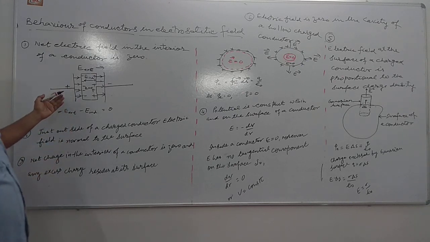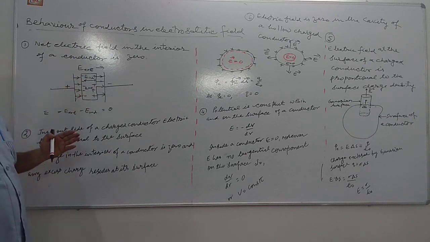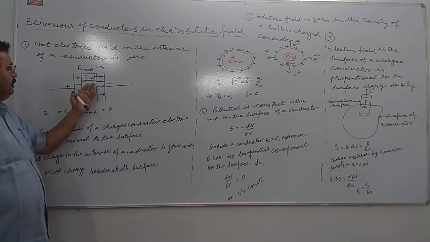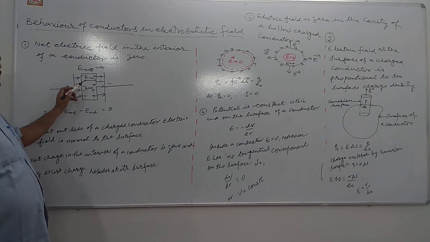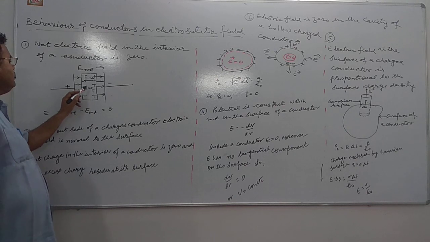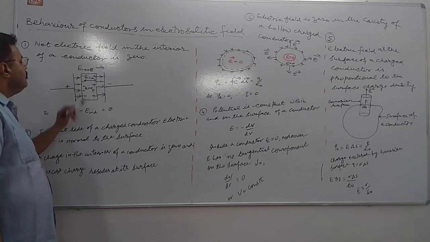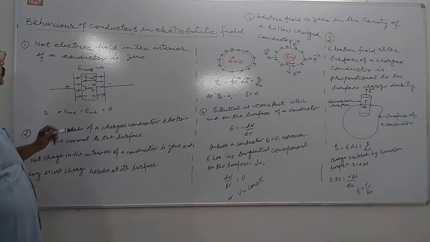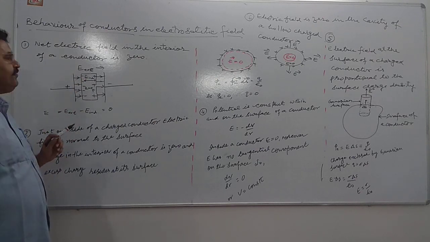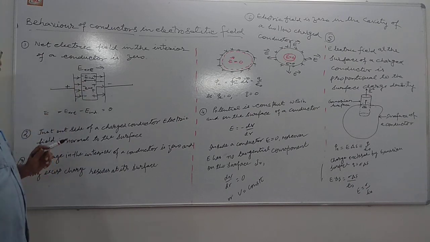For this, we can see here an electric field E applied across these two ends, and a conductor is placed between these two ends. Then we find that induced charges are produced opposite to the applied electric field, and this induction continues, or you can say the flow of electrons continues against the electrostatic field, till the electric field inside the conductor becomes 0.